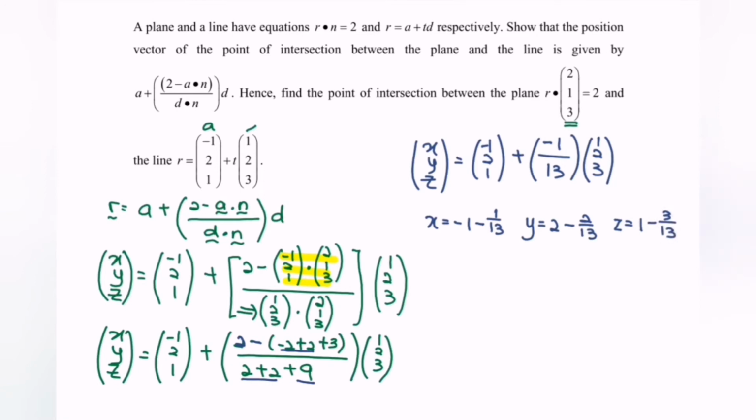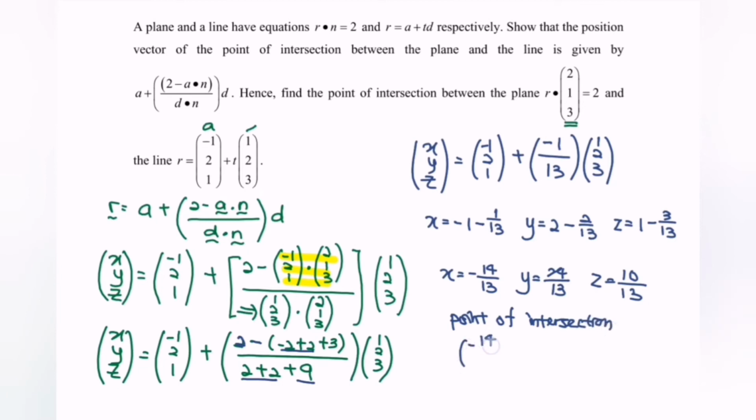So finally, x equals negative 14 over 13, y equals 24 over 13, and z equals 10 over 13. The question said points of intersection, so we have negative 14 over 13, 24 over 13, and 10 over 13.